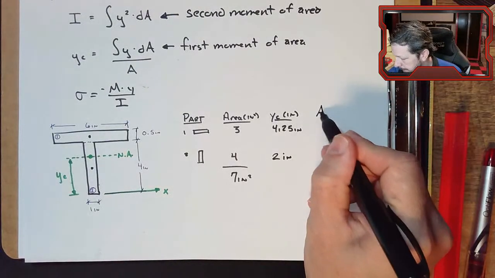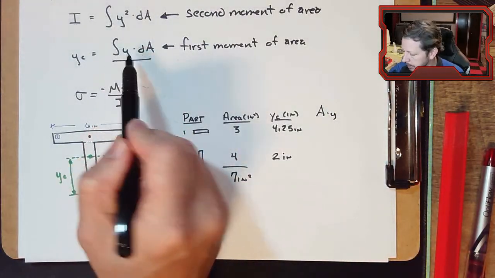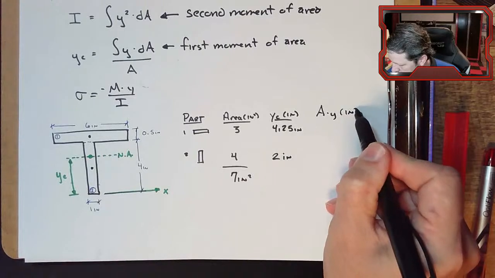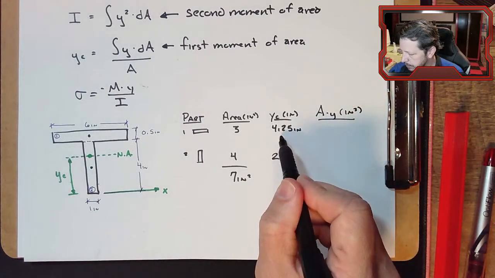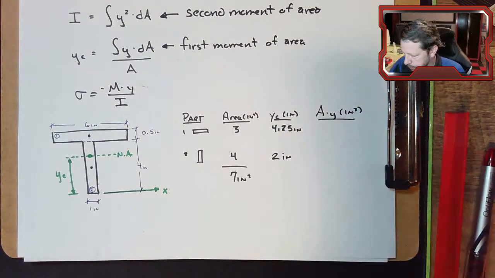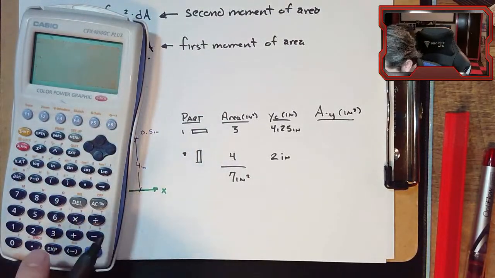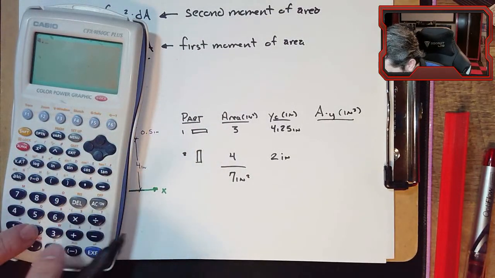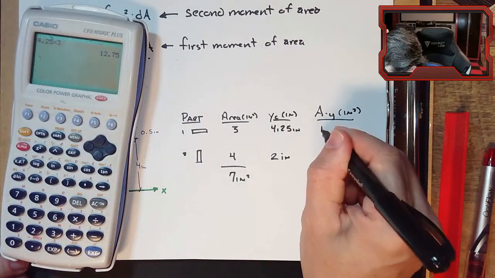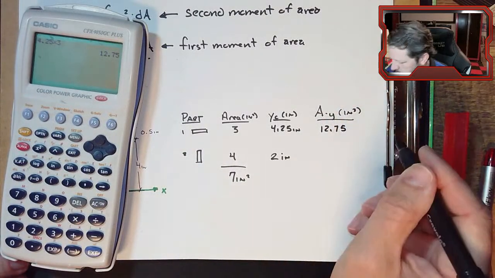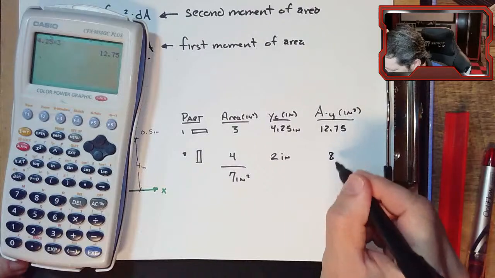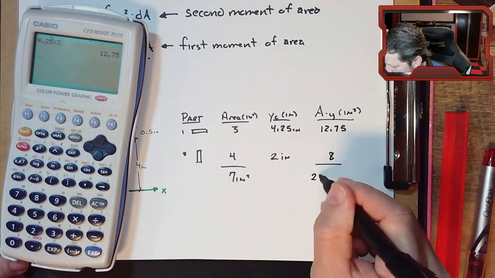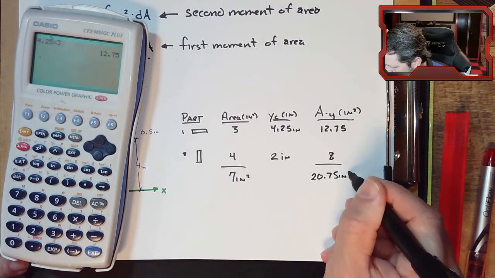Then we need to do A times y, so basically we're doing this numerator. 4.25 times 3 is 12.75 inches cubed. 4 times 2 is 8. We sum those together, we get 20.75 inches cubed.